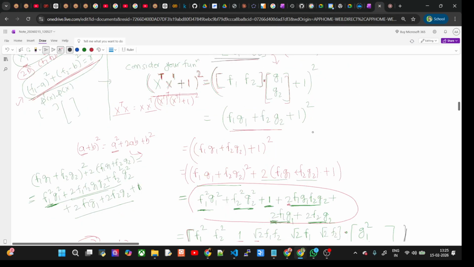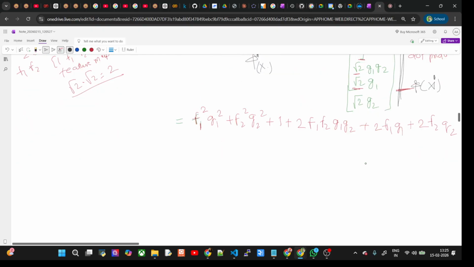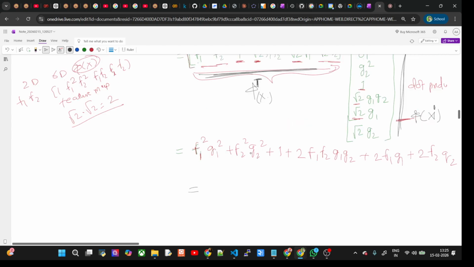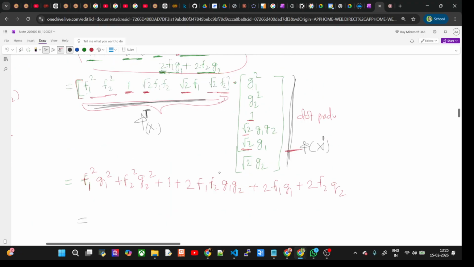So this is phi of x transpose, and this is phi of x prime. So what we are doing now is phi of x into phi of x prime. This is the dot product we are directly getting.